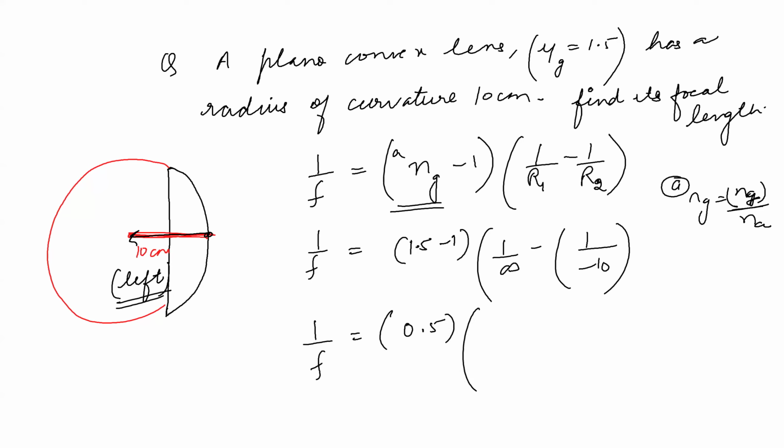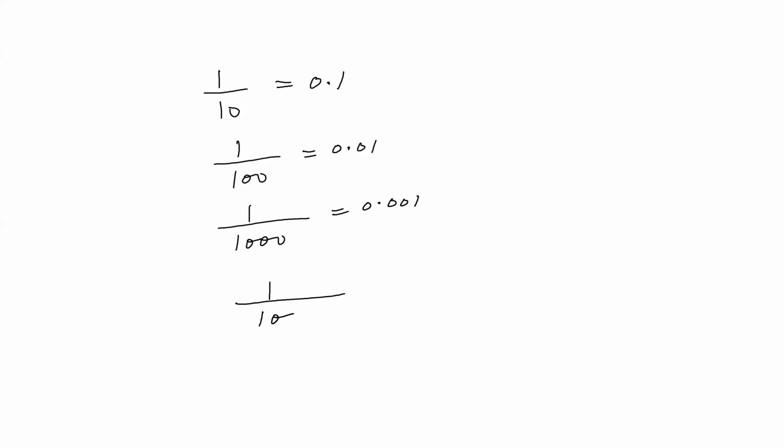Just tell me one very basic example. What is 1 by 10? 0.1. What is 1 by 100? 0.01. What is 1 by 1000? 0.001. What is 1 by 10,000? 0.0001.